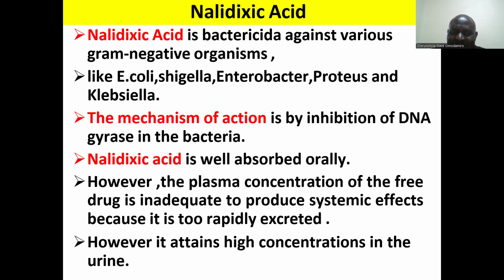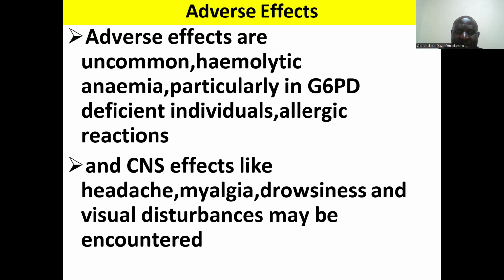However, it attains a high concentration in the urine. The steady state concentration in the plasma is inadequate for a systemic effect, but in the urine, it's highly concentrated because it is excreted rapidly.